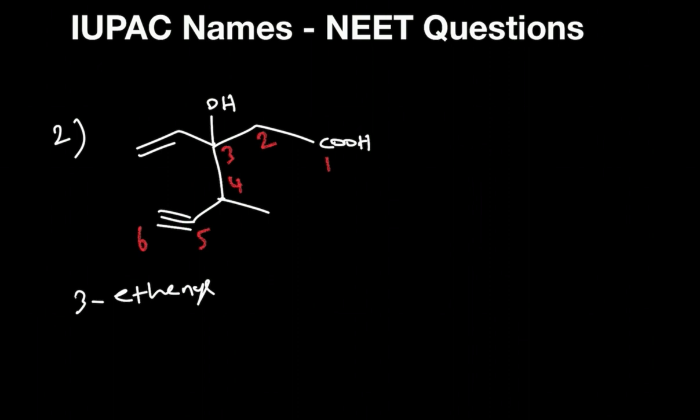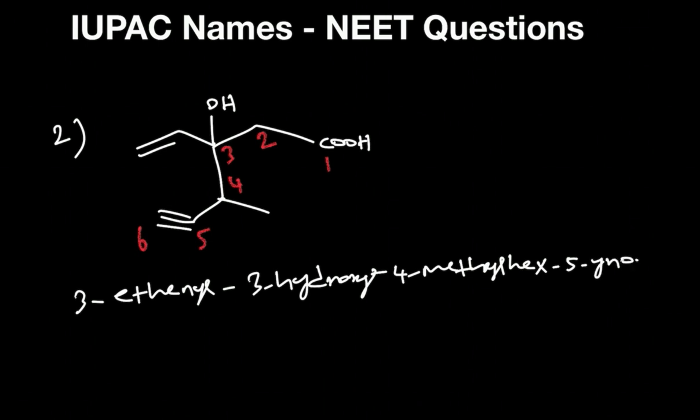And then 3-hydroxy, we have a hydroxy group at position 3, and then 4-methyl and then hex because we have 6 carbons and then 5-ynoic acid. This is the correct IUPAC name for this structure, but this is not what we wanted.